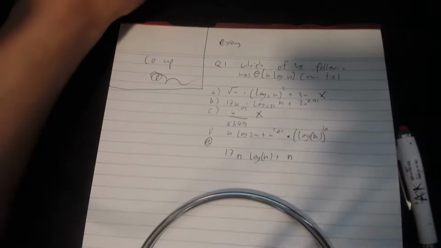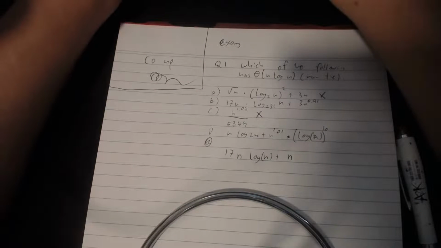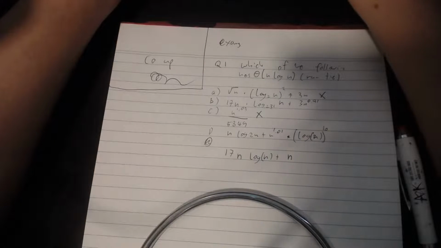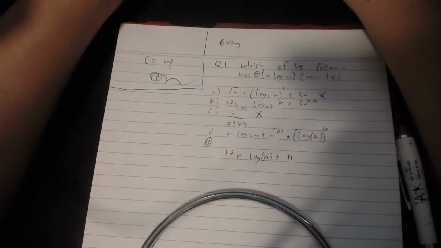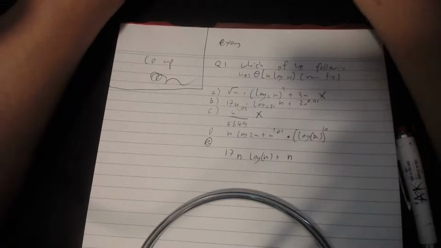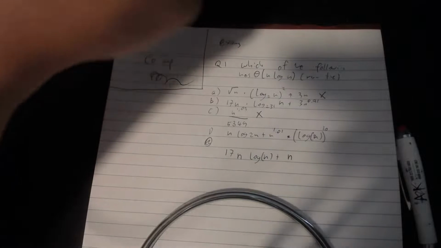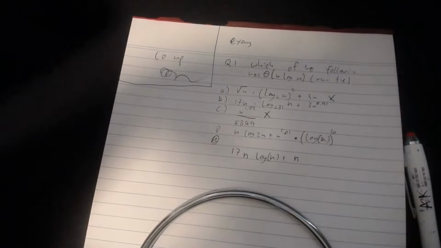While we're here, why don't we look at some rules for working out the O of n of a function?